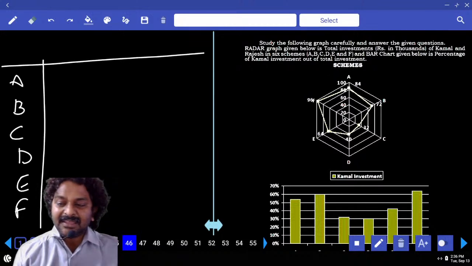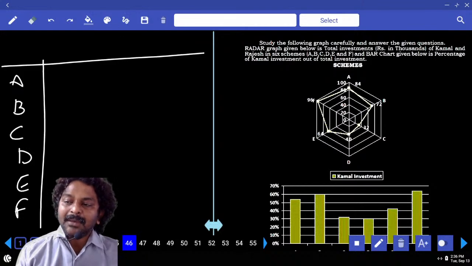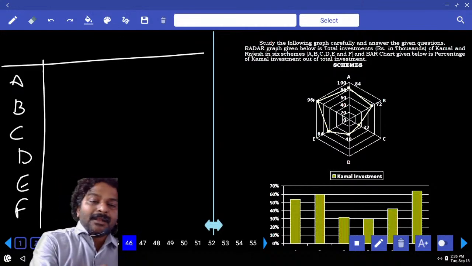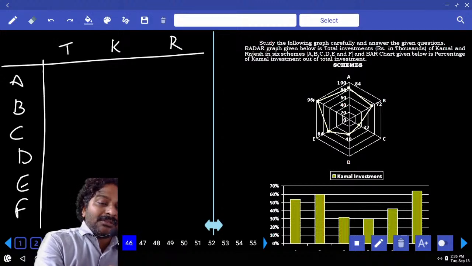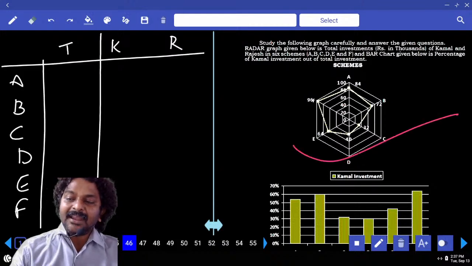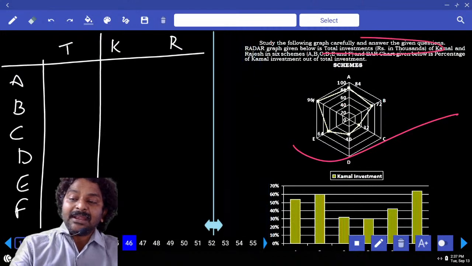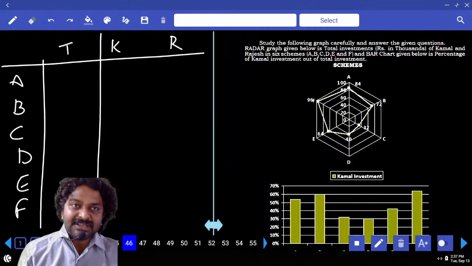And how many persons are there? 2, Kamal and Rajesh. For both, we were given the total investment. In the radar graph, it is total investment in terms of thousands.